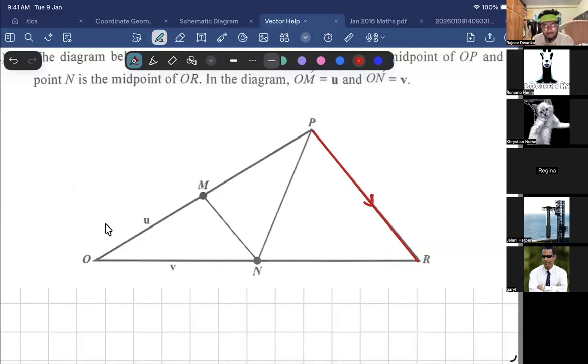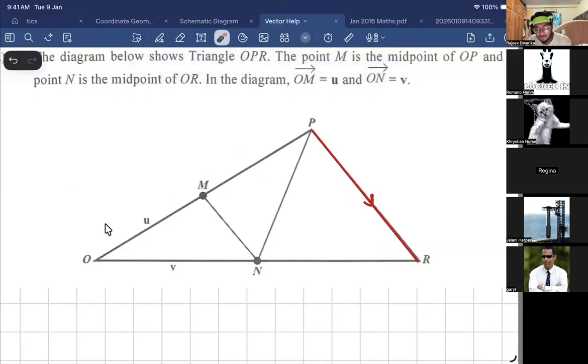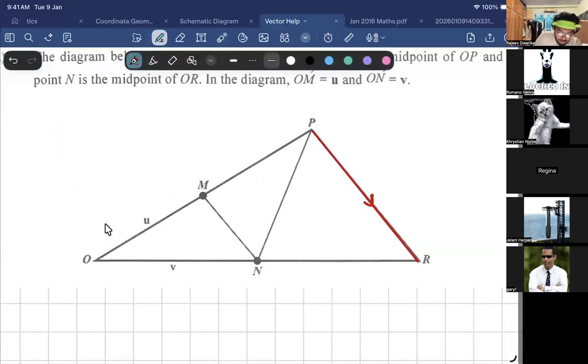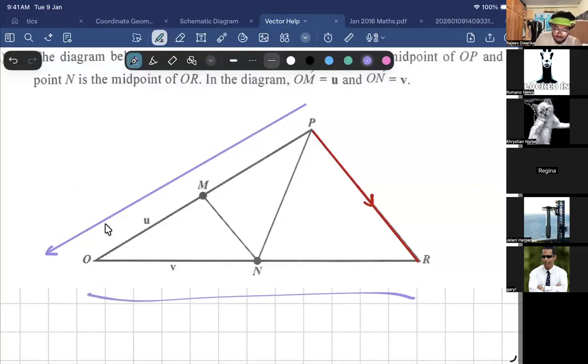But you were talking about O to P, which would not be correct. So it would be P to O, and then O to R.